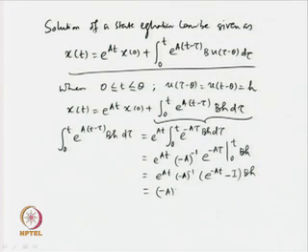Which ultimately gives us, upon simplification, minus a inverse I minus e to the power a t, b h.